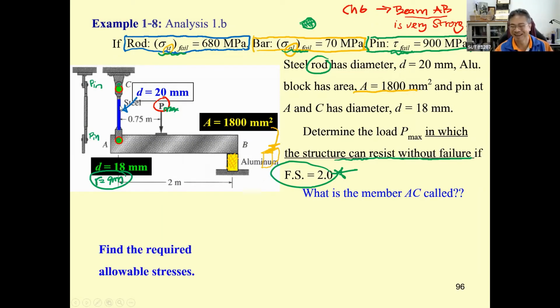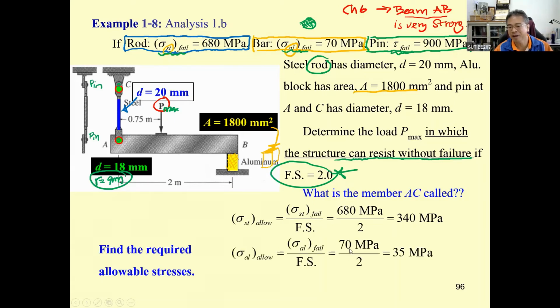The allowable stress for the steel is 680 divided by 2, that is 340. The aluminum bar is 70 divided by 2, 35 megapascal, and the pin is 900 divided by 2, 450 megapascal.